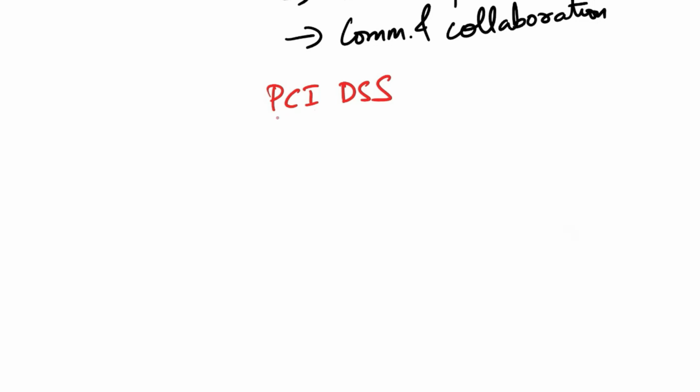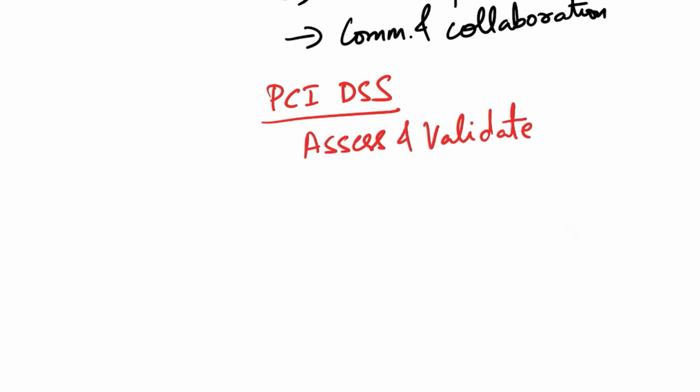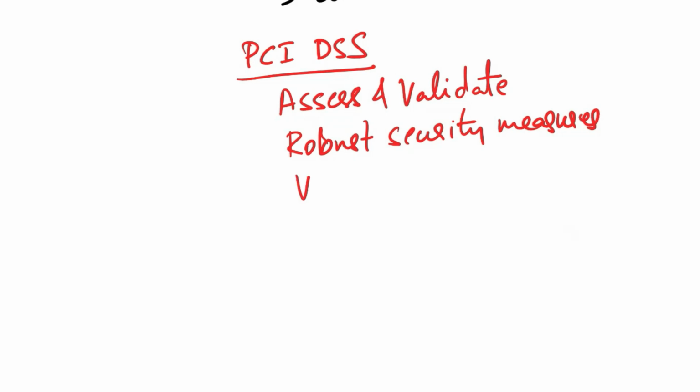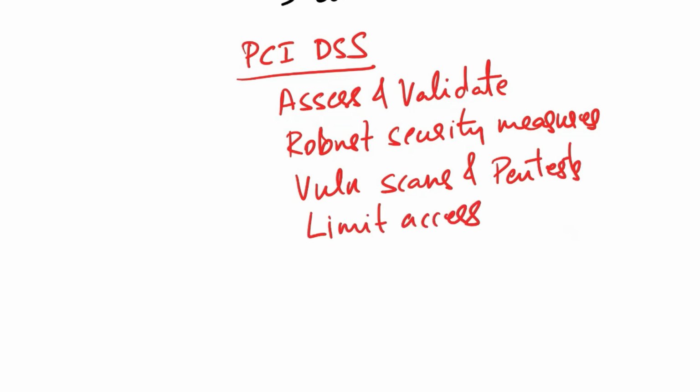Now, the strategies to ensure compliance with PCI DSS: regularly assess and validate compliance with PCI DSS requirements, implement and maintain robust security measures to protect cardholder data, conduct regular vulnerability scans and penetration tests, limit access to cardholder data on a need to know basis.